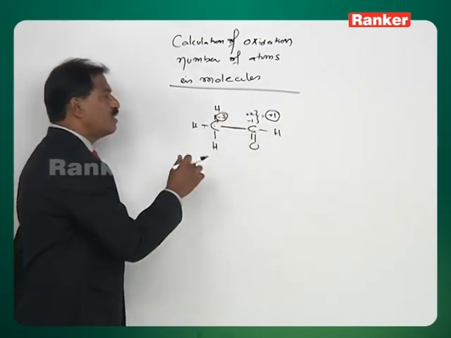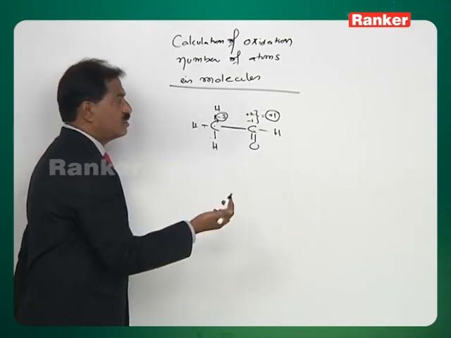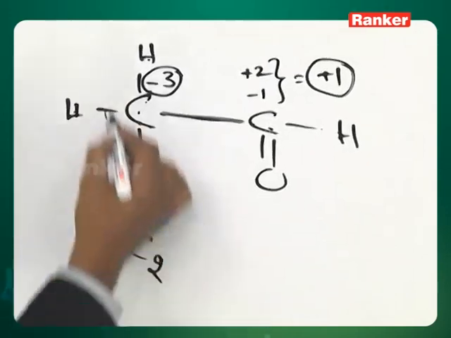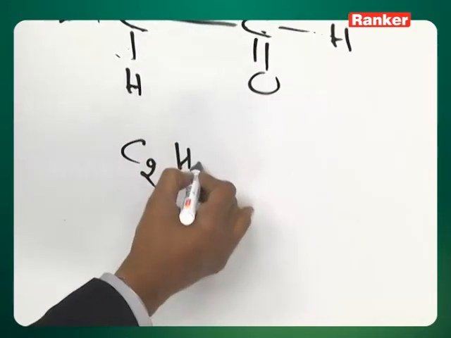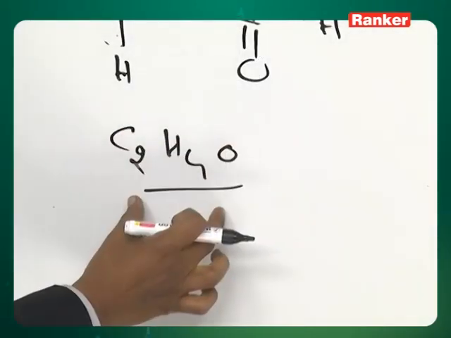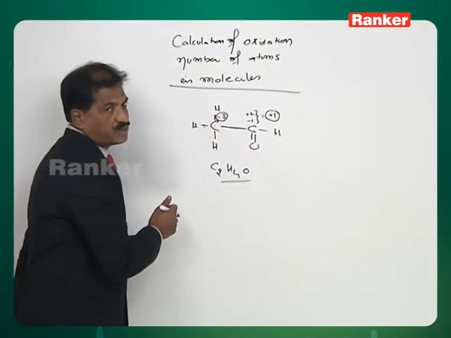But sometimes they will ask the average oxidation state. For calculation of the average oxidation state, directly you can apply the empirical formula, C2H4O. By applying this molecular formula, directly you can calculate the oxidation state.